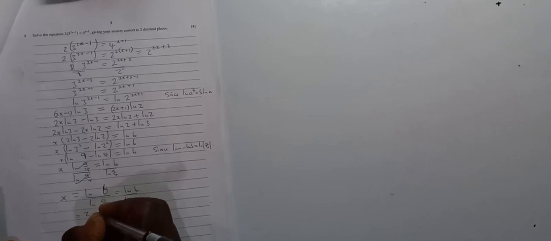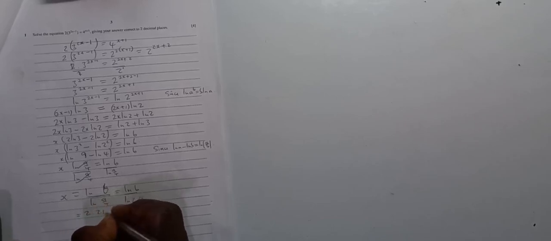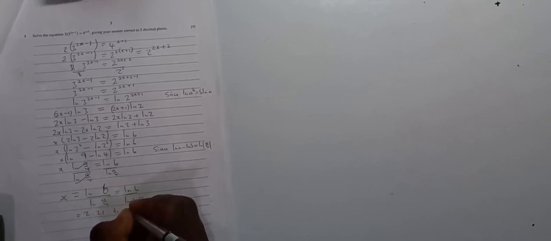Since we are told that our answer should be to 3 significant figures, let us evaluate. So if we punch on a calculator ln 6 divided by ln 2.25, we get this. Our answer is 2.21 to 3 significant figures. Then we are done. So this is the solution for number 1.